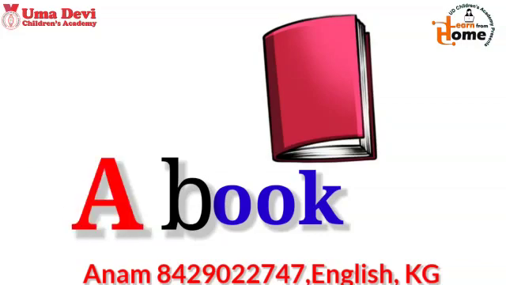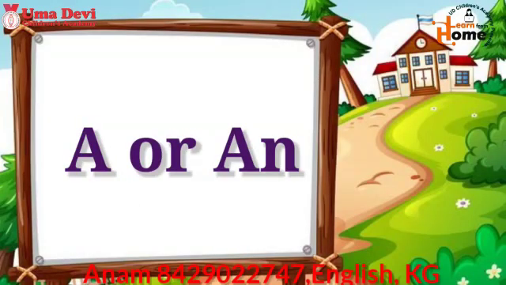A. Children, a is used before words starting with consonant sound. So here, book word starts with letter B and B is a consonant, so we will use a before this word. A book. So children, I hope you all have understood concept of a or an.